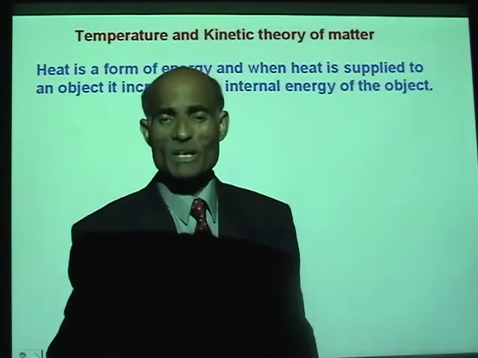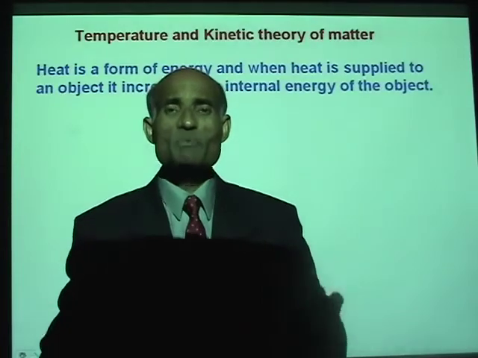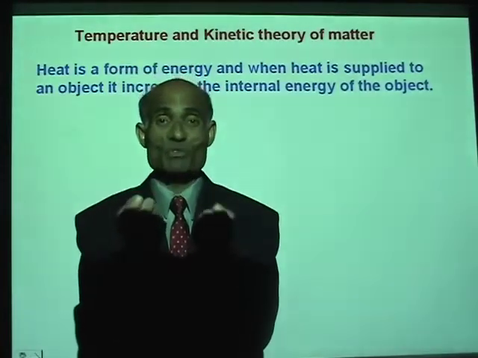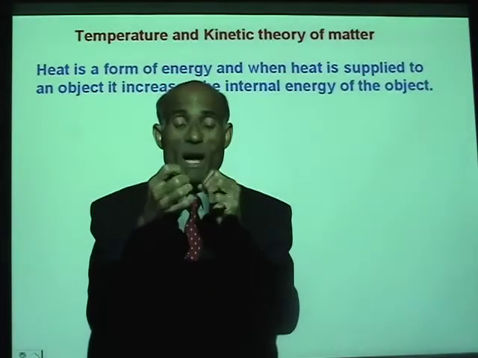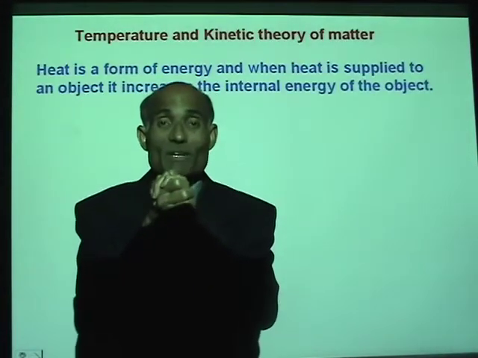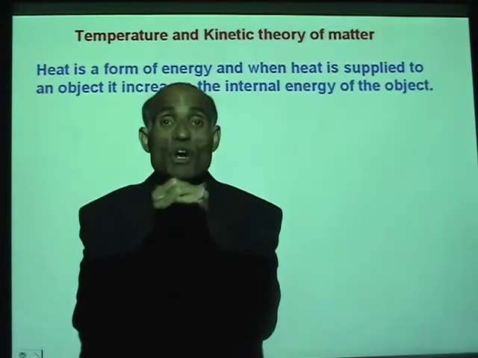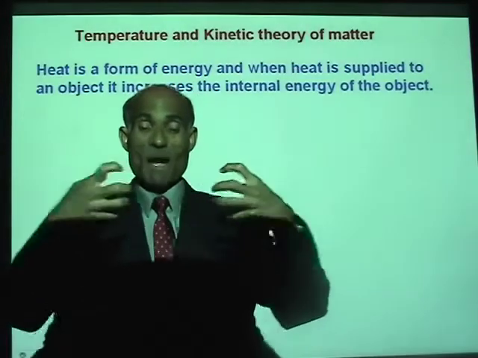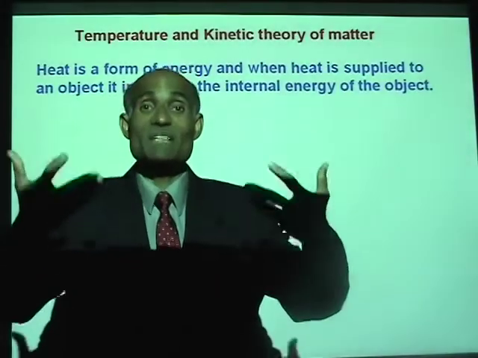If you look at an object, the object is made up of tiny particles called molecules. And these molecules are bound together, and that boundness causes potential energy, and they move about producing kinetic energy.